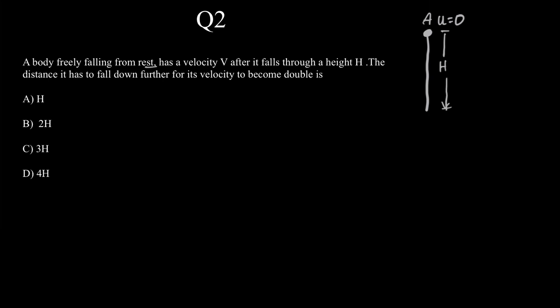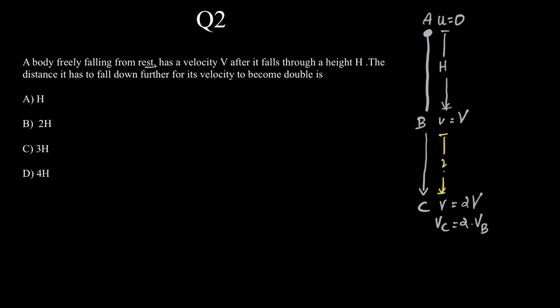And at this point, let us call that point B, the final velocity is given as capital V. Now the ball is still moving downwards, and it is given that at some point C, the velocity is 2 times v. Or basically, you can say that velocity at C is 2 times that of velocity at B, right? And the question is to find out this height.